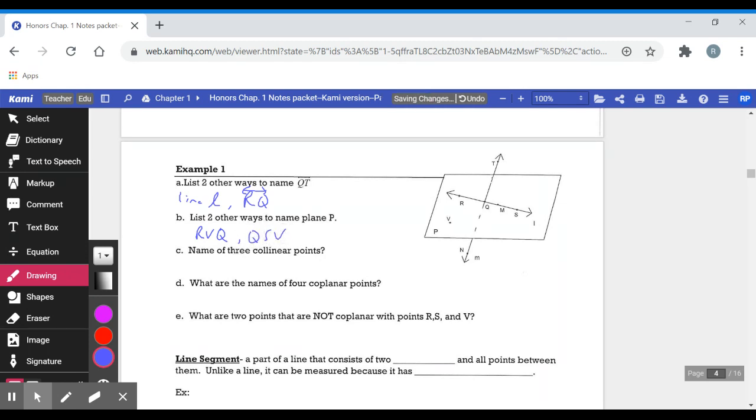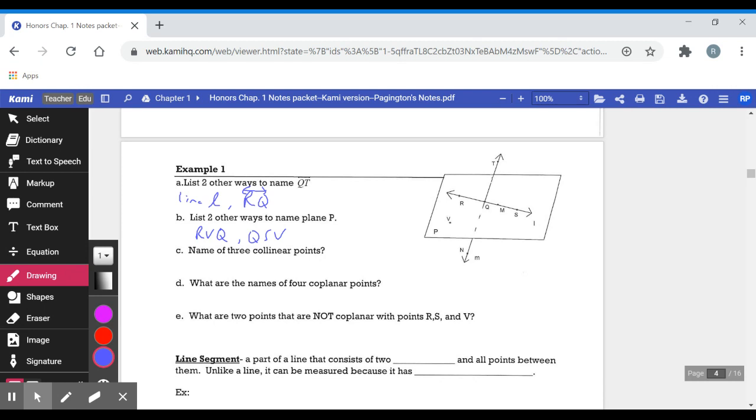If you're naming 3 letters, you have to include the V, and then the other 2 letters can be R, Q, M, or S, any 2 of those. Do not include the L and do not include the P when you're naming the 3 points. But again, answers may vary on that. There are plenty of other options, but V does have to be one of the letters, and do not use P or L.